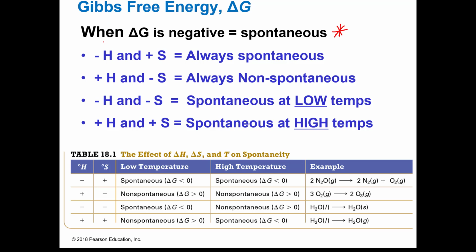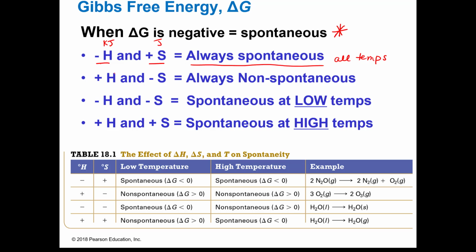And so here is kind of what you look at. Remember, this is in kilojoules and this is in joules, so this delta H is going to be the bigger number. All right. So when H is negative and S is positive, it's spontaneous at all temperatures. So it's always spontaneous.